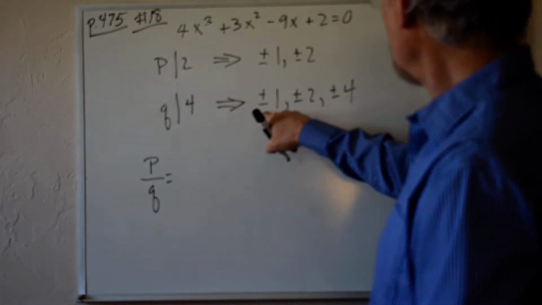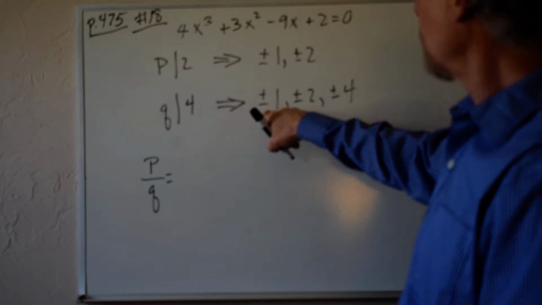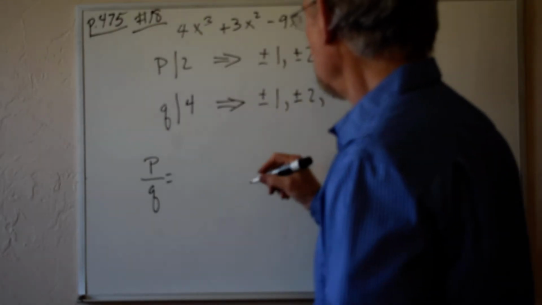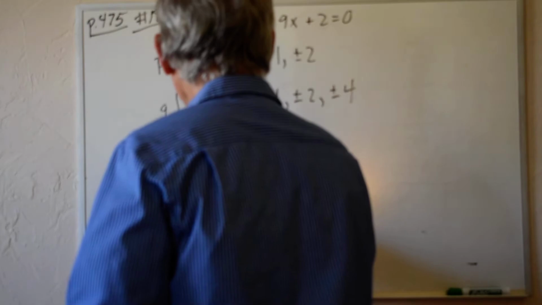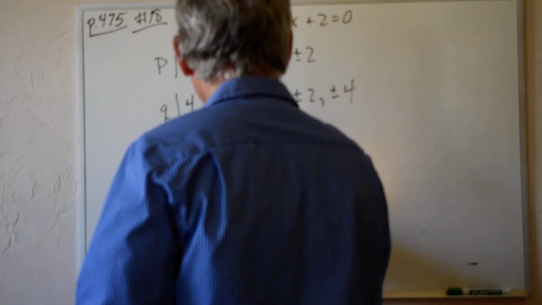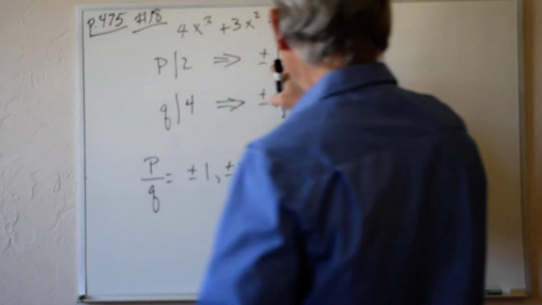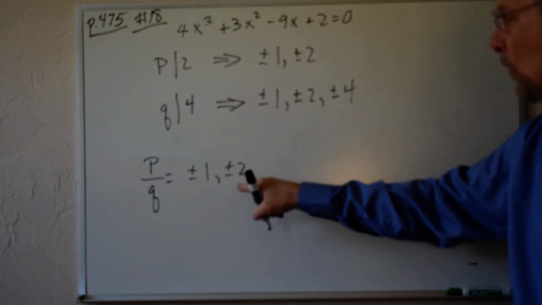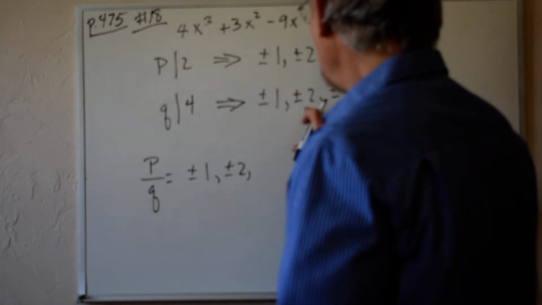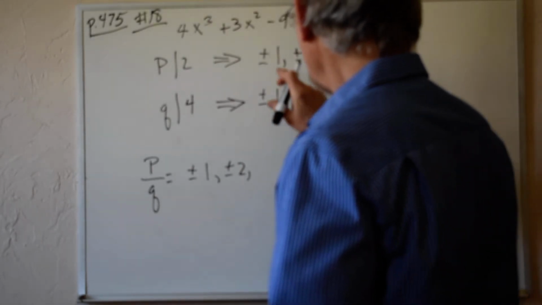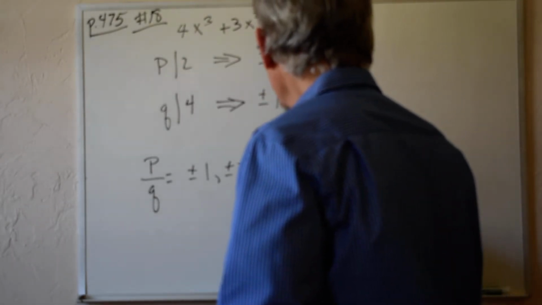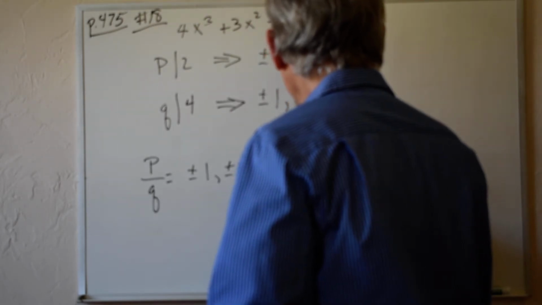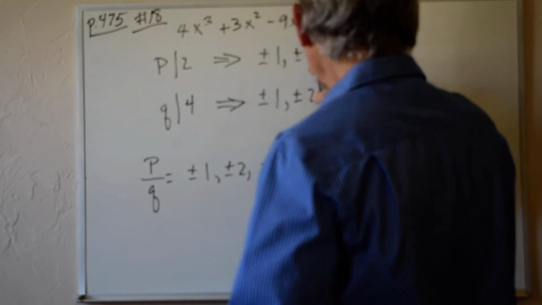Well, if I just consider this case here where Q is ±1, I put my two possibilities for P over that ±1, I get those two. But P can also be ±2, so I'll get ±1/2, ±2 over 2.